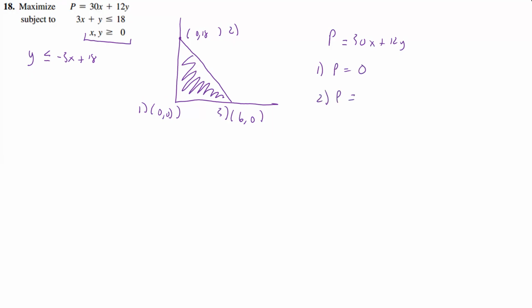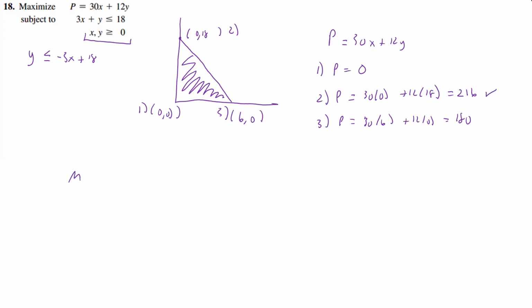Now let's plug in this one: 30 times 0, plus 12 times 18. 12 times 18 is equal to 216. For the third one, P is equal to 30 times 6 plus 12 times 0. 30 times 6 is 180. And so in this case, our max is the 216.